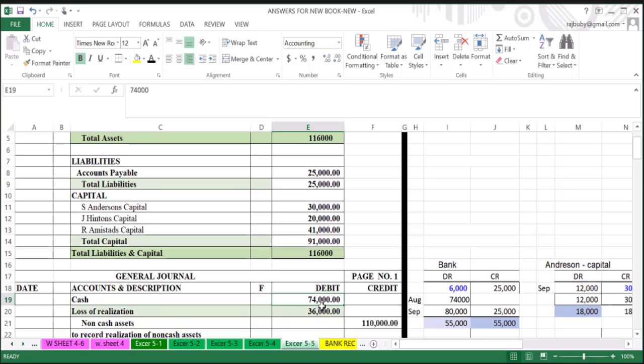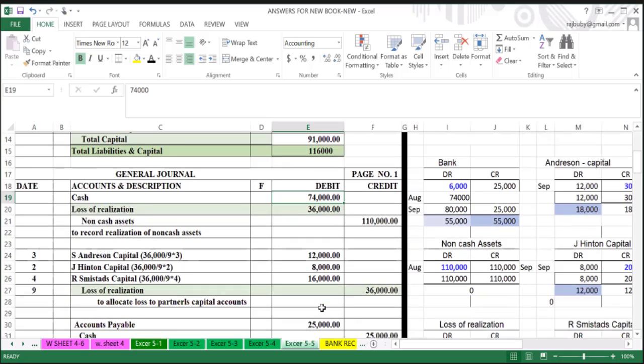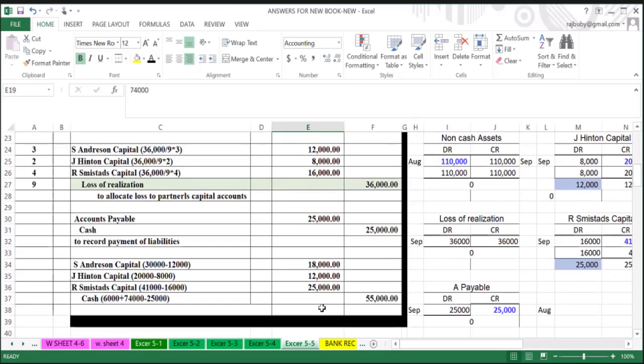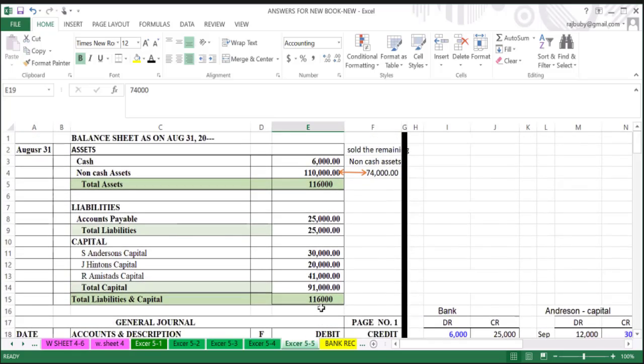They have cash initially too. 6,000 cash also they have it. That's what I prepared in the trial balance first.